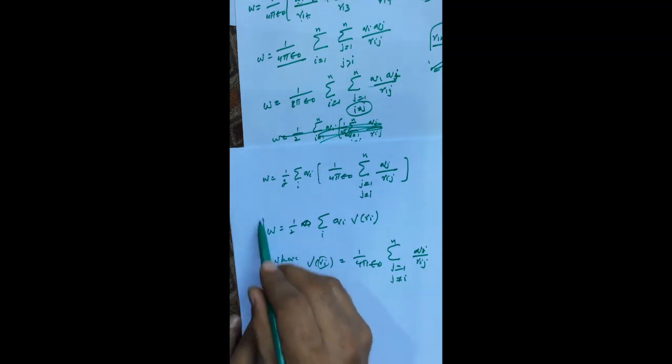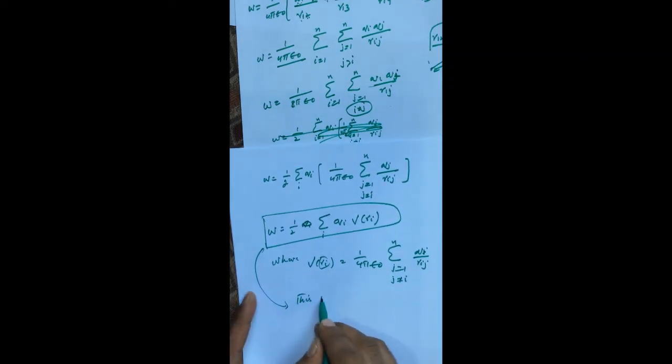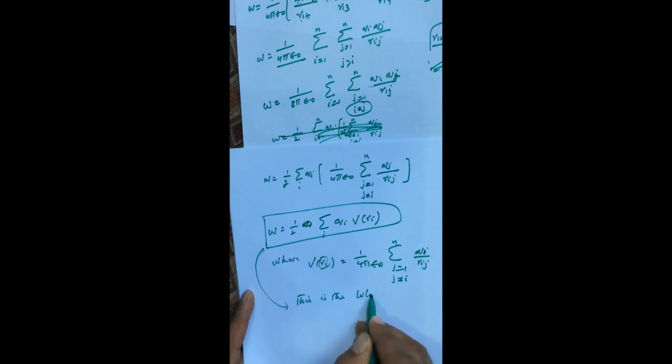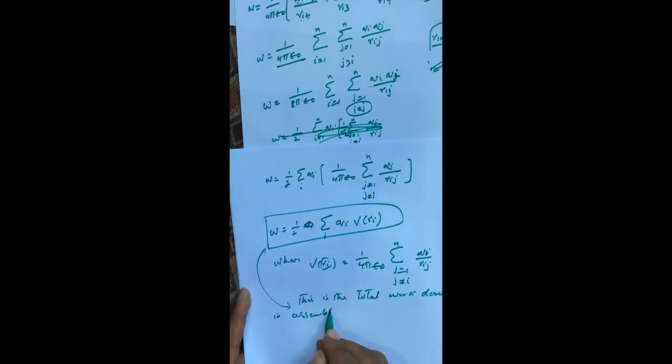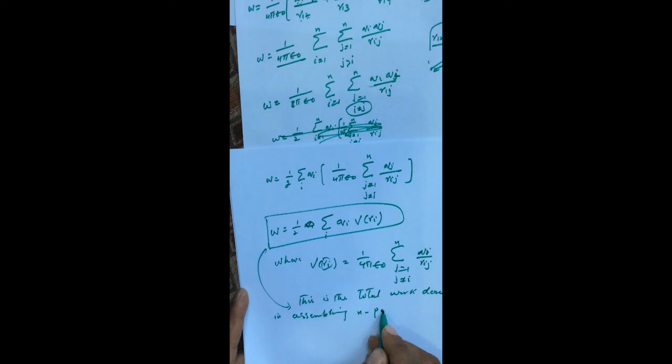So this is the final expression for the total work done in assembling n-point charges. In the next video, we will go towards the energy of continuous charge distribution.